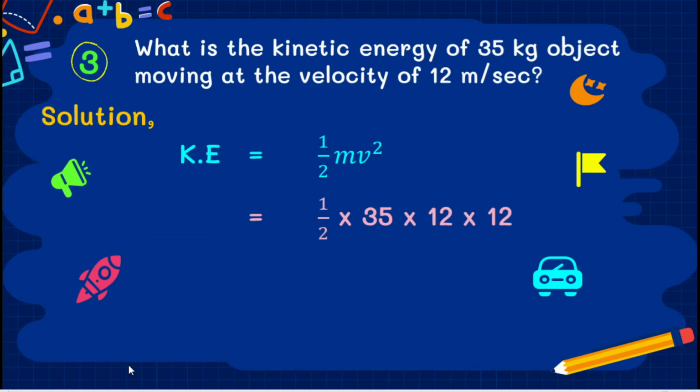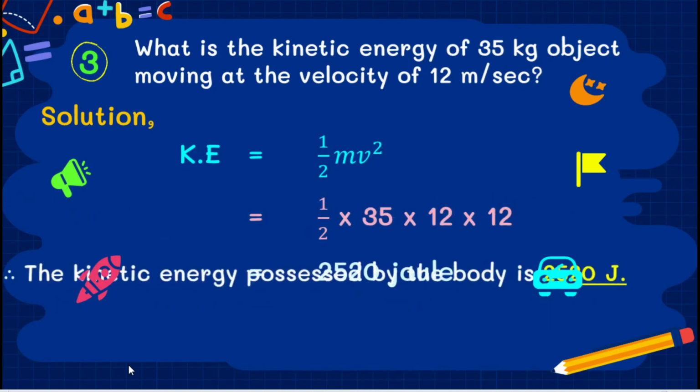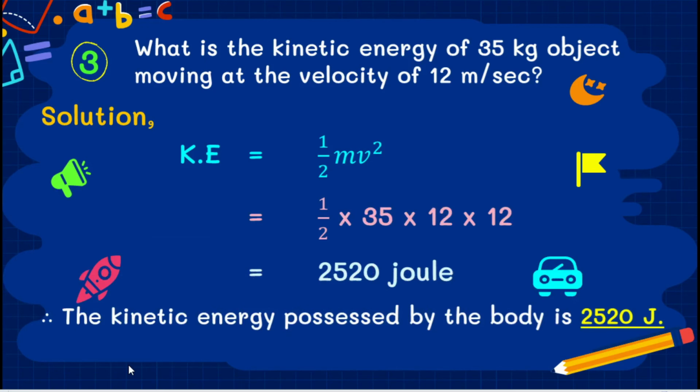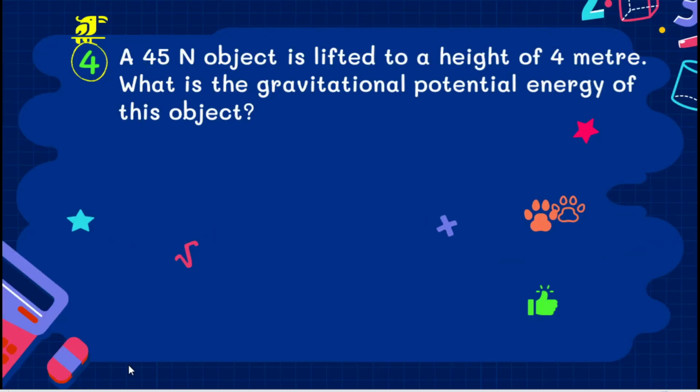Half into 35 for mass, and velocity they are given here 12. So we have to write it twice because v square. So after multiplication and division we can get the answer 2520. That means 2520 joule. So finally we can get the kinetic energy possessed by the body is 2520 joule.